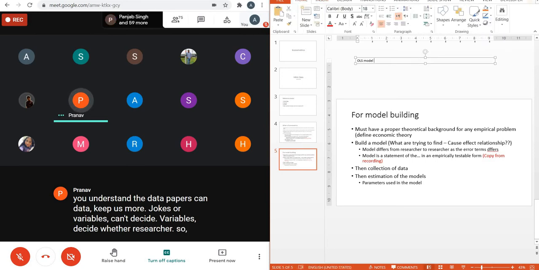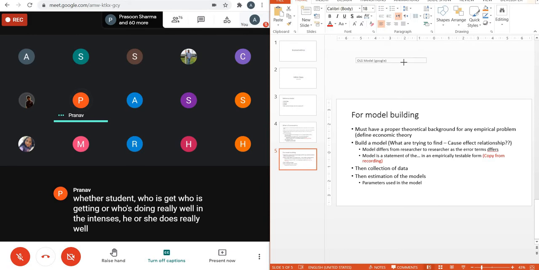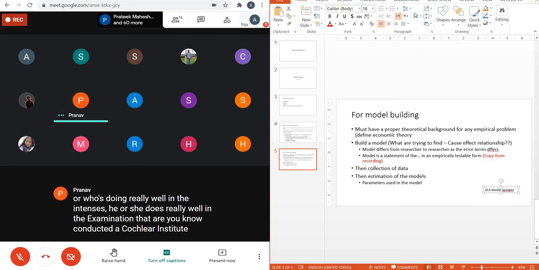So, in the same example, let's say a researcher is trying to find out whether a student who is doing really well in the entrances also does really well in the examinations conducted at Berkeley Institute itself.